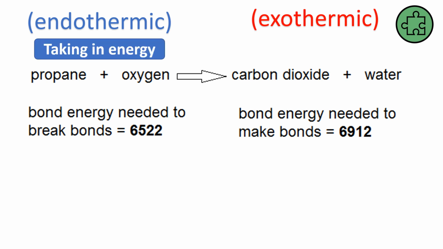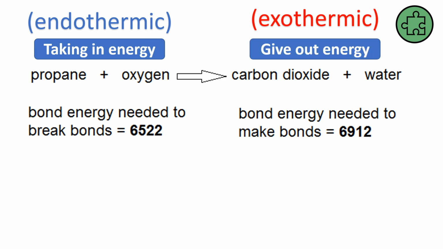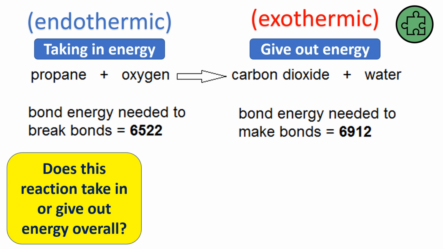Okay, so it's taking in 6,522 kilojoules per mole. When it makes new bonds, it's releasing any extra energy, and it's actually releasing 6,912 kilojoules per mole.